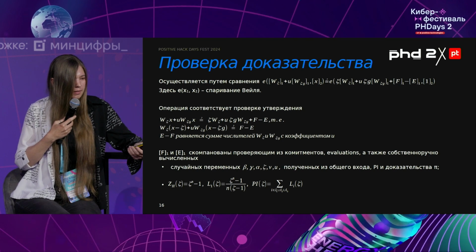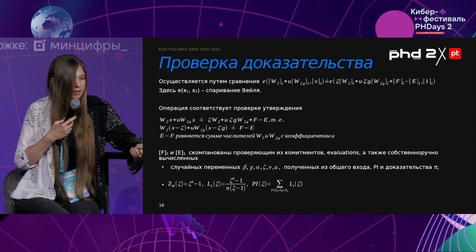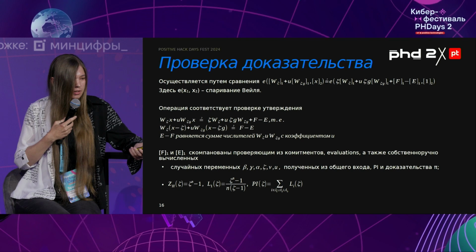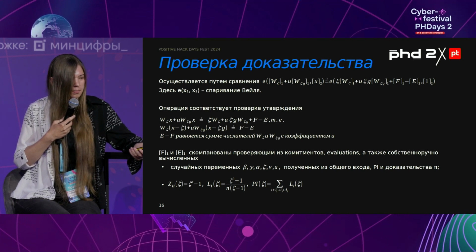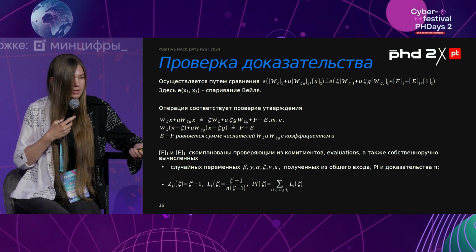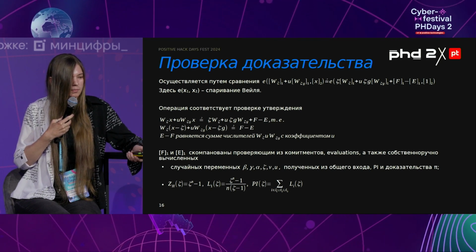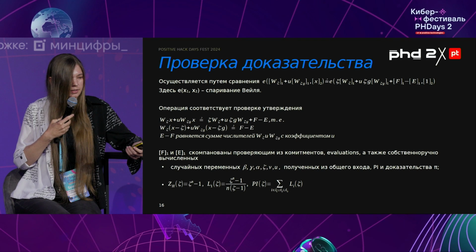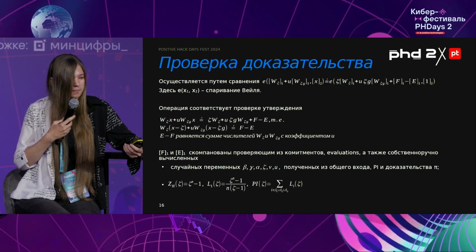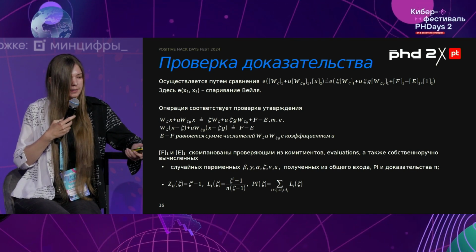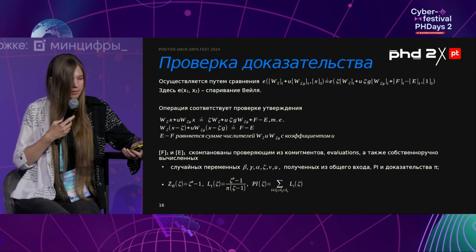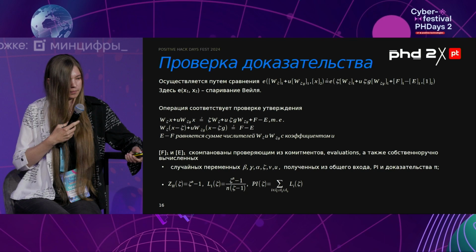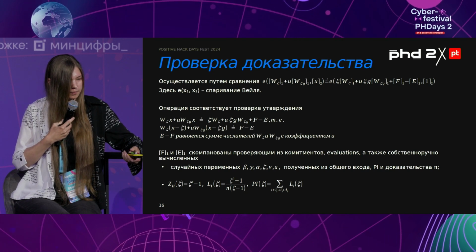And how do we check the pairing? It corresponds to the confirmation that W_zeta multiplied by u times W_zeta_g, multiplied by X minus zeta g, equals the difference between F and E.